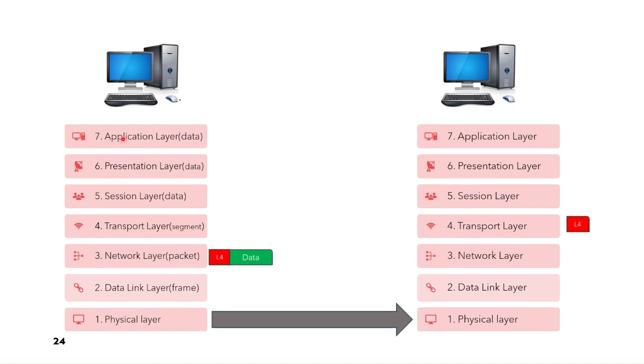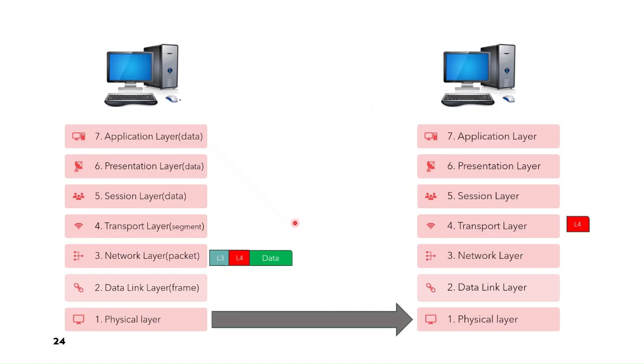Device A would say my IP is 192.168.1.1, I'm sending it, and that IP will be embedded into the layer 3 header, and the destination IP would also be embedded into the layer 3 header as well.